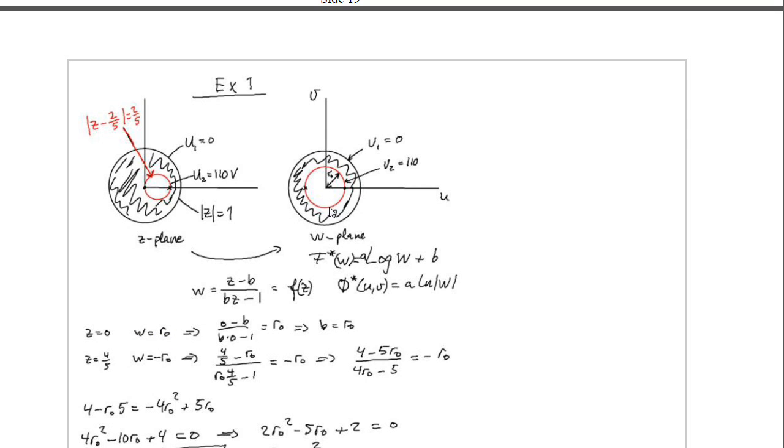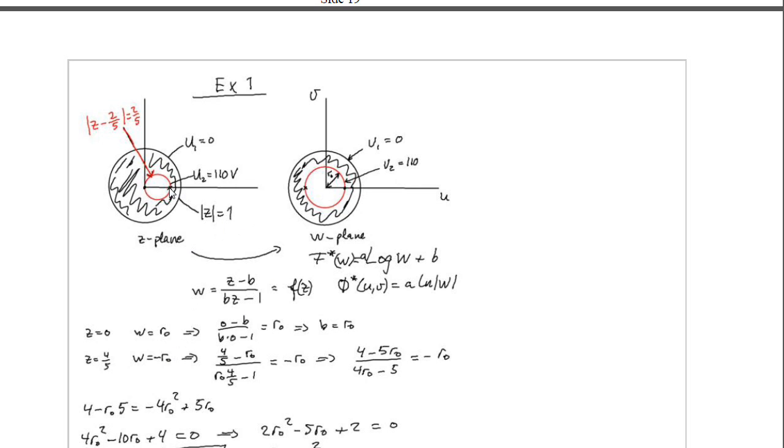So R0 is now, we start with this point and map it onto this point. We have already said that this should be the w value, which is equal to R0, but R0 we don't know yet.